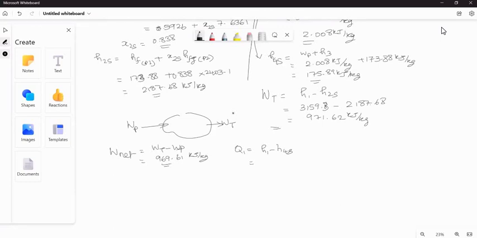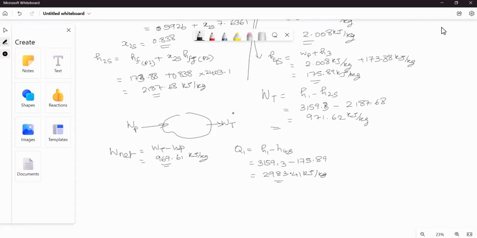Because it is an ideal cycle, you have to find out this value. 0.41 kilojoule per kilogram. So that is heat input.